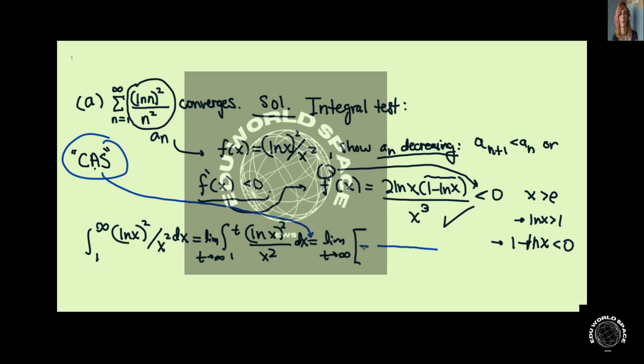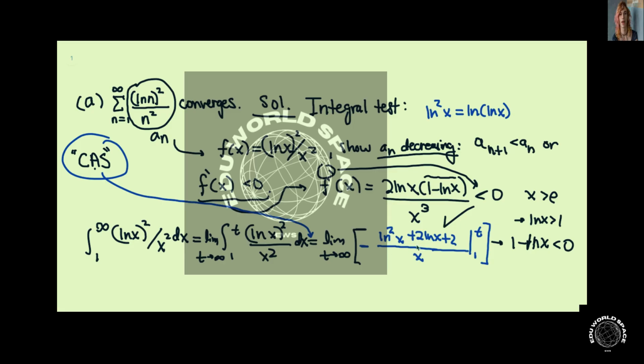We got a negative out here, and then ln squared x. So by that, we mean ln of x, all over x, and then from 1 to t. Now let's go ahead to the next page here because I'm running out of room.